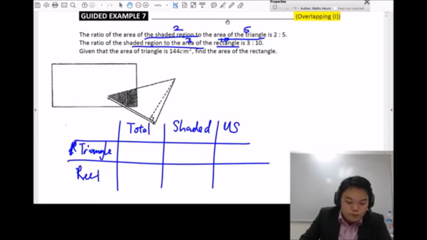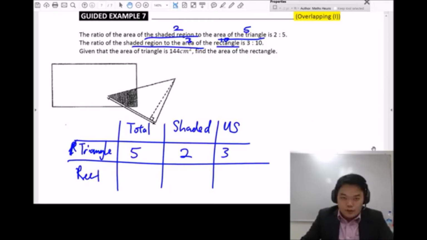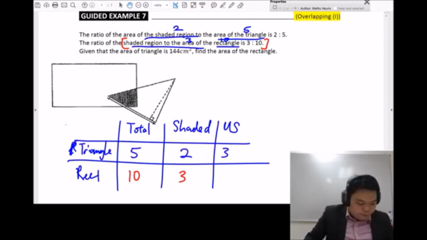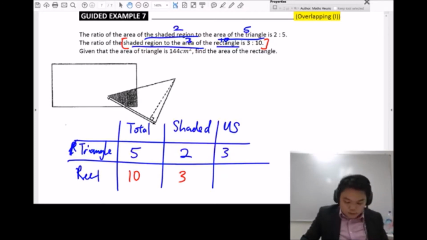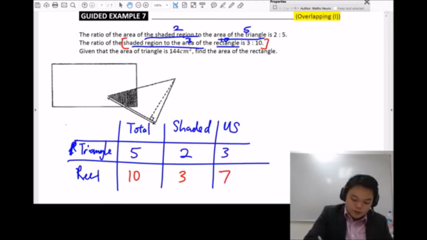Shaded region 2 to triangles 5 means that out of a total of 5 for the triangle, 2 is shaded, which means that 3 units will be unshaded. For the rectangle, this shaded region is 3 out of a total of 10. Okay, then its unshaded region will be 7.